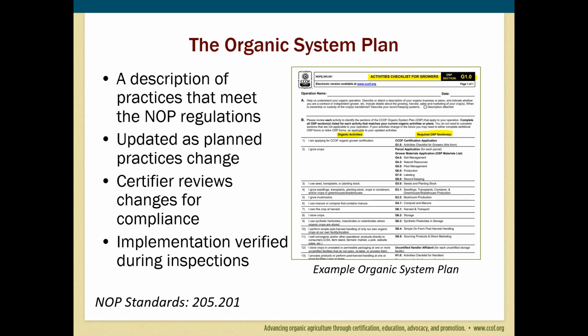It's actually really just a checklist. Give us a brief description of who you are and what your operation is, and then go through this checklist and look at what activities you do, and that's going to direct you to which additional forms are relevant for your operation. So we try to set it up in a way that is really user-friendly, and you can find your way to the next piece of the puzzle.